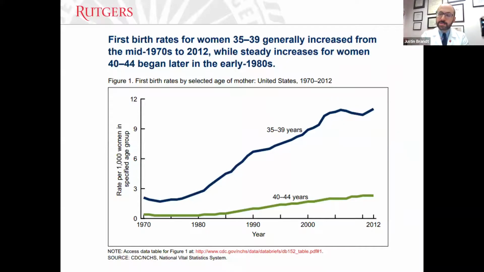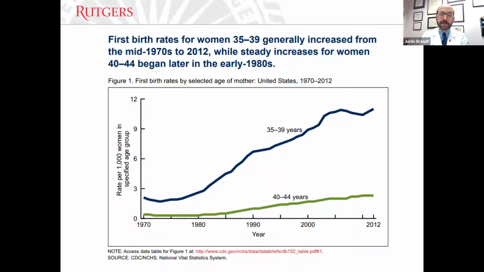For this portion of the talk, I'm going to mostly be looking at vital statistics charts and figures to look at the interplay of these various risk factors and how they're contributing to chronic hypertension. So we'll start here with first birth rates by selected age of mother in the United States from 1970 to 2012.